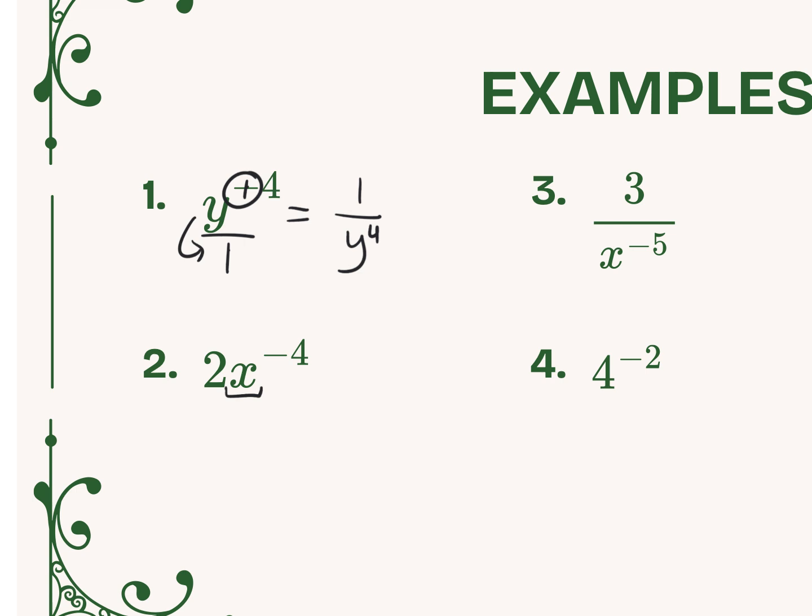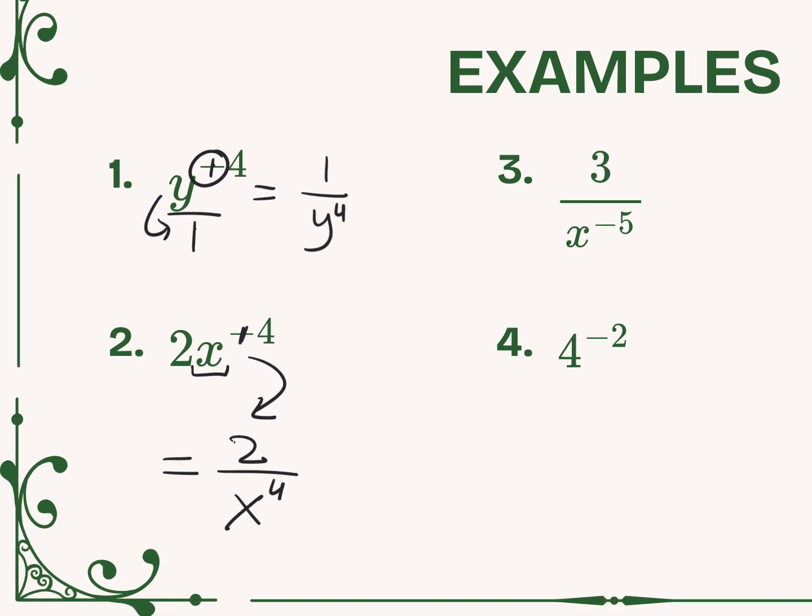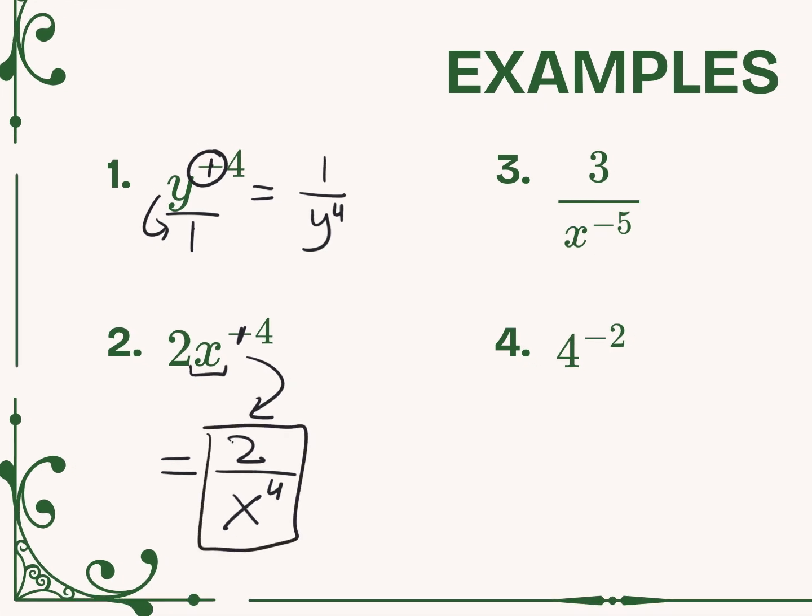So you're just going to move the x to the bottom, and change the sign of the negative 4. So this is going to become 2, which doesn't change because 2 doesn't have a negative exponent, x to the positive 4 on the bottom. And then that's your final answer. It's fully simplified. You know your answer is finished when there's all positive exponents.